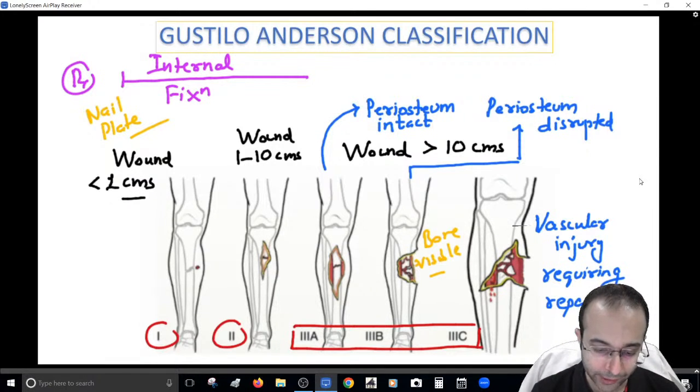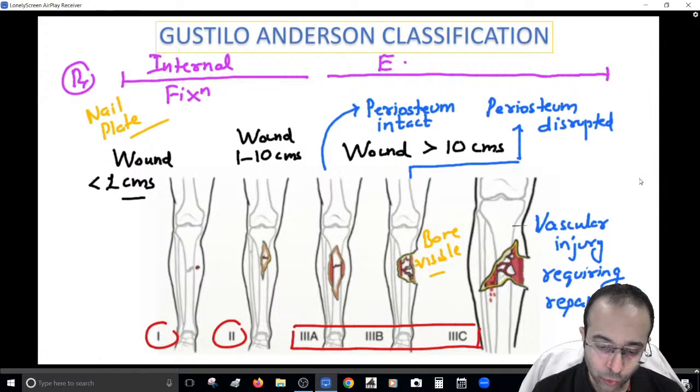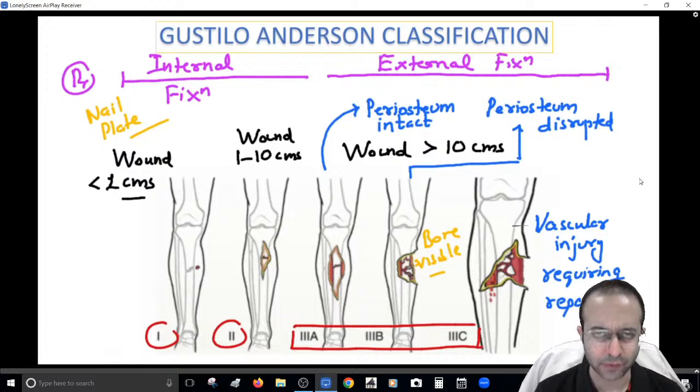But when you go to higher grades, especially grade 3, the rule book says you should always go with external fixation. No internal fixation is done in these cases where there is heavy contamination because of the risk of infection. So the metal implant is placed outside the skin, that is an external fixator.